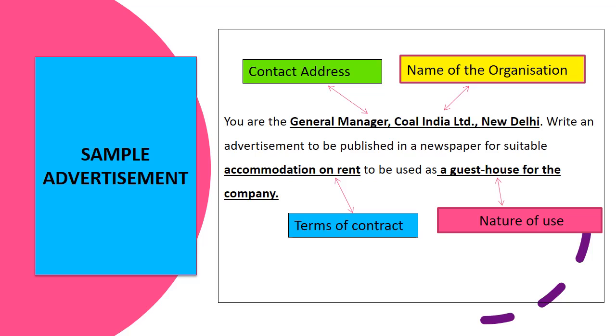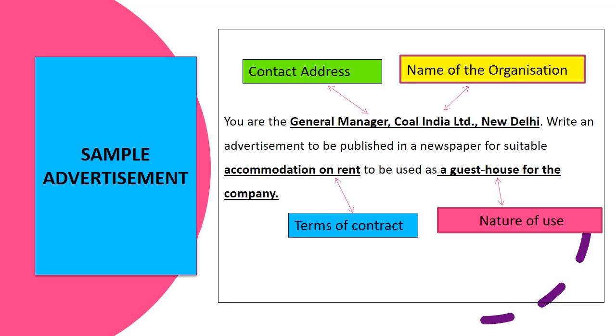Now students, let us check what is provided in the question that can be used while writing the advertisement. I'm going to read the question once again and discuss. You are the General Manager, Coal India Limited, New Delhi. So students, here the contact address is given and also the name of the organization is Coal India Limited.